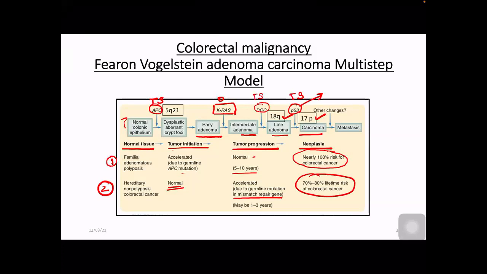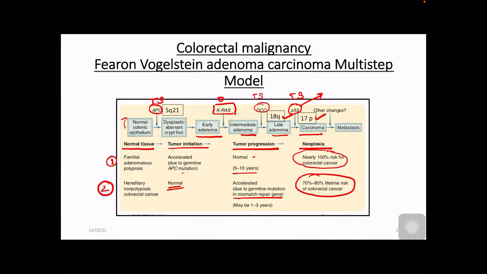You should remember at what point each of the genes acts. In short, remember that APC acts at the initial point where the normal colonic epithelium starts off with the dysplastic aberrant crypt foci, and at the final point, where the late adenoma becomes carcinoma, it is P53. Also remember, in FAP, the tumor initiation is affected because of the APC gene mutation, whereas in HNPCC, tumor initiation is normal, but the tumor progression is very rapid when compared to FAP.